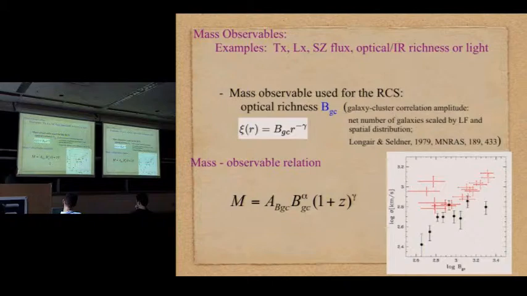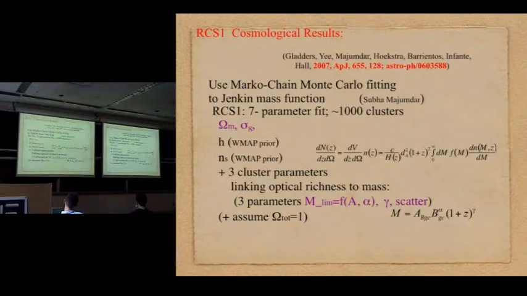When you don't know how things are related, you assume it's a power law, so the mass is equal to some power law function of the richness times some constant, and then there's an evolution term thrown into this equation. And we are fitting basically a 7-parameter fit where omega m and sigma 8 are what we want to derive.